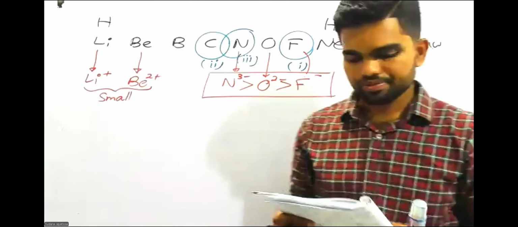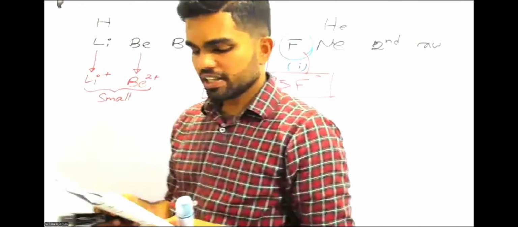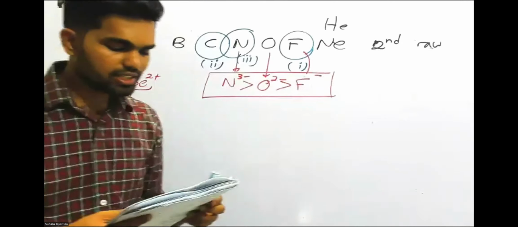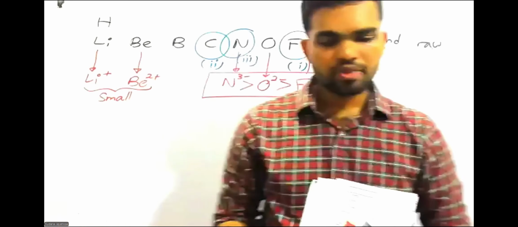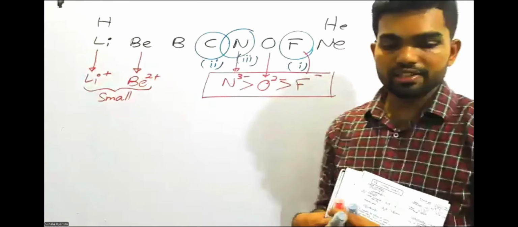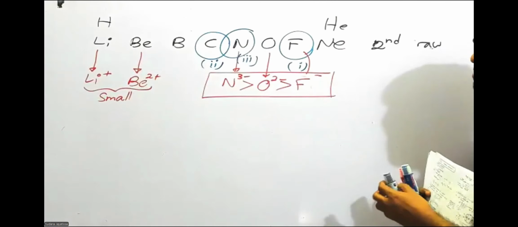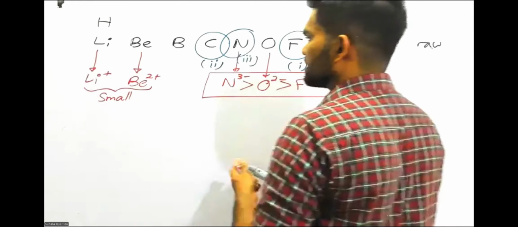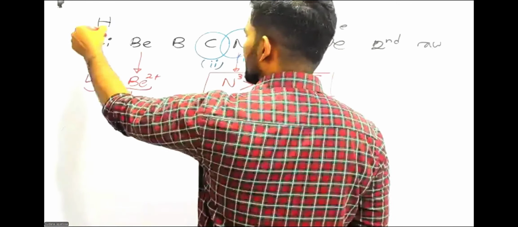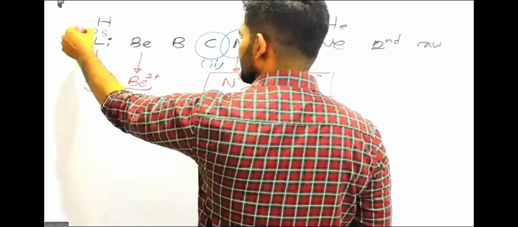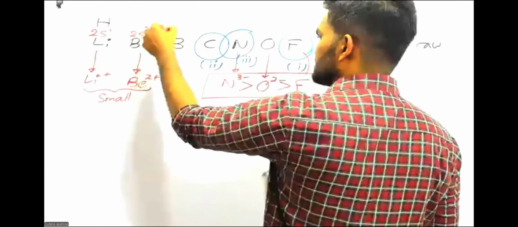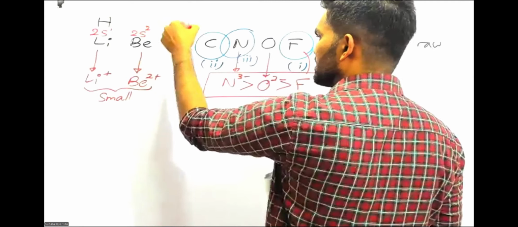The fourth one is telling: identify the element that has no p electrons but has a stable s configuration. If you check the elements, you can quickly understand their electronic configurations. This is having 2s1, this is group 2 so 2s2, and this one is 2s2 2p1.